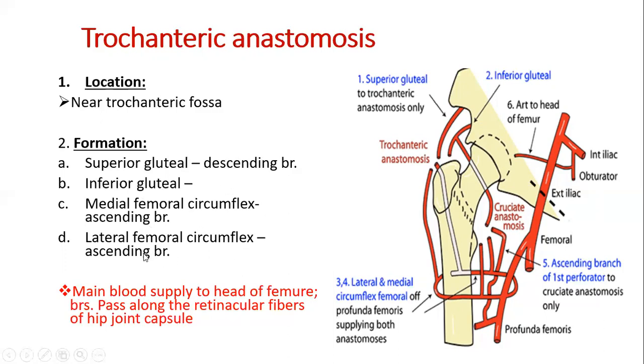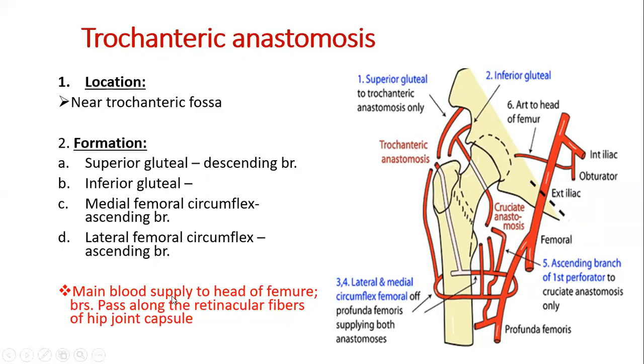So descending and ascending branches as well as inferior gluteal artery, they unite to form the trochanteric anastomosis. So descending branch from the superior gluteal artery joins the ascending branches from the medial and lateral femoral circumflex arteries, which is later joined by the inferior gluteal artery to complete the trochanteric anastomosis.